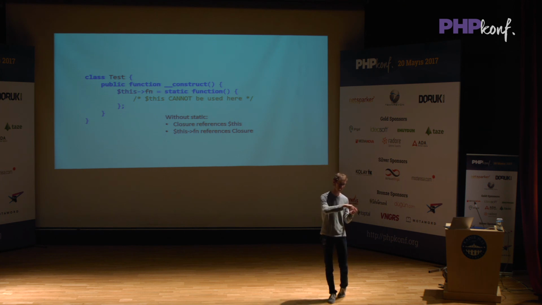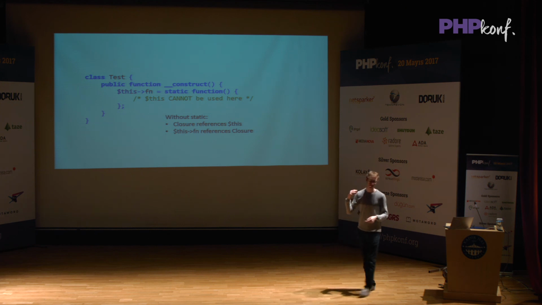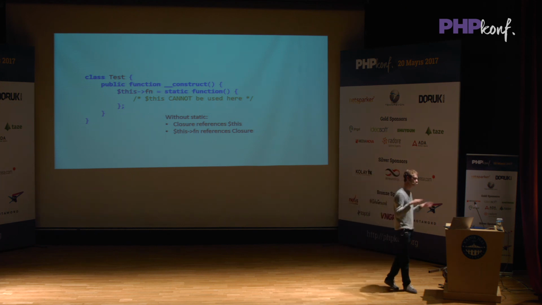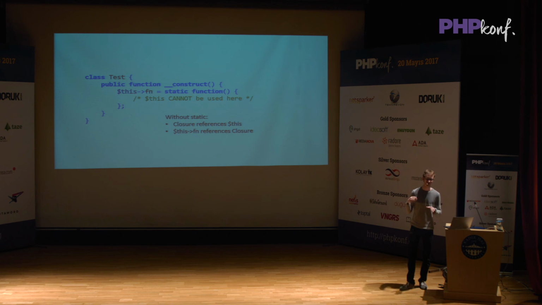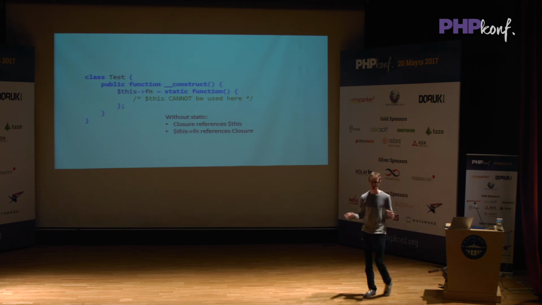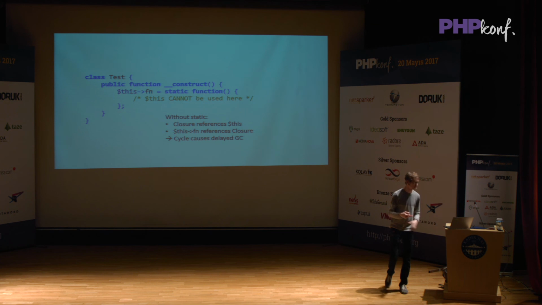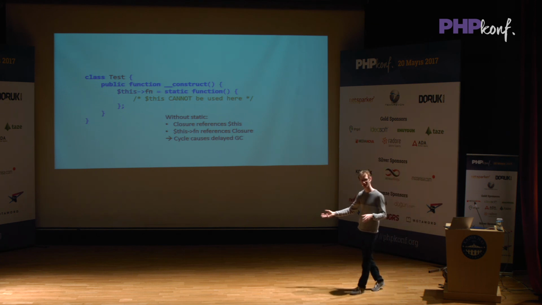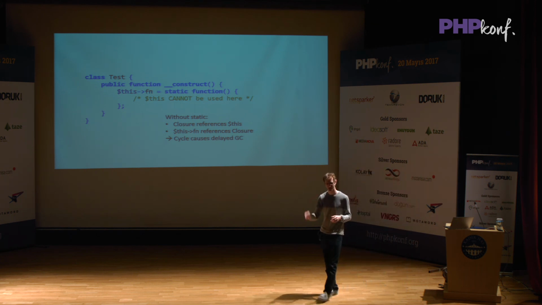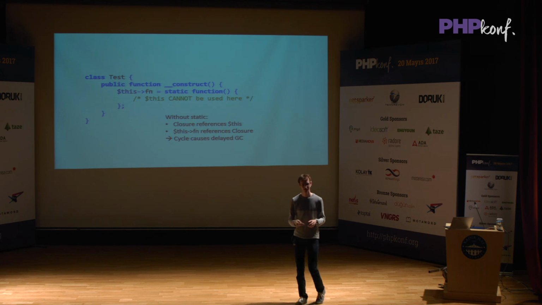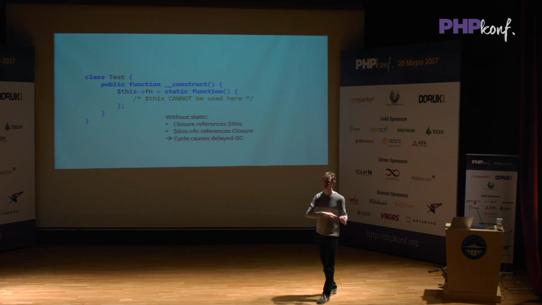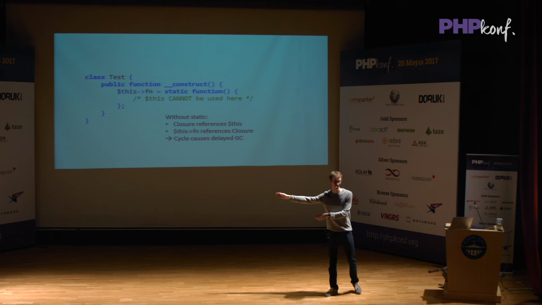So we have this kind of cycle between the object and the closure. And in PHP, if you don't have cycles, then objects will be destroyed as soon as they're no longer used, so pretty much right away. On the other hand, if you do have cycles, then you have a completely different garbage collection mechanism, which runs at regular intervals. So in that case, the object will be destroyed at a much later point in time.